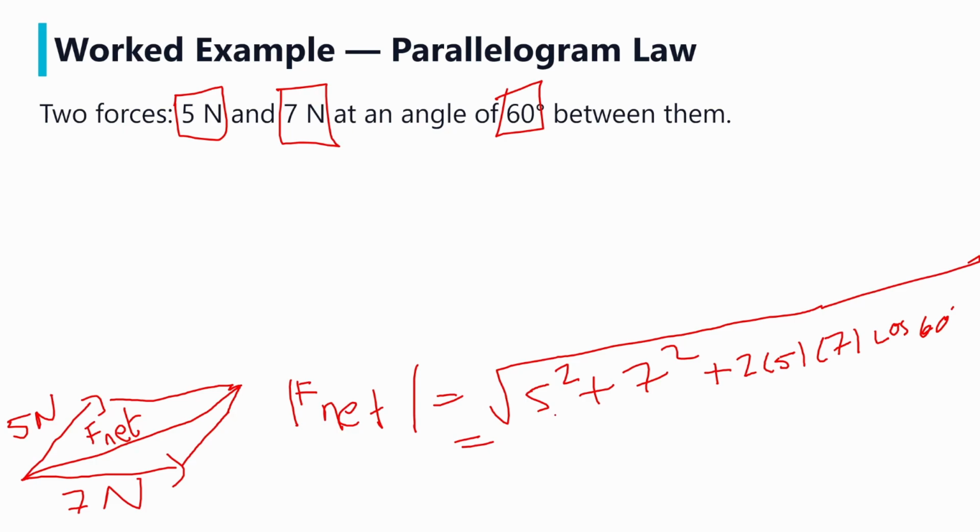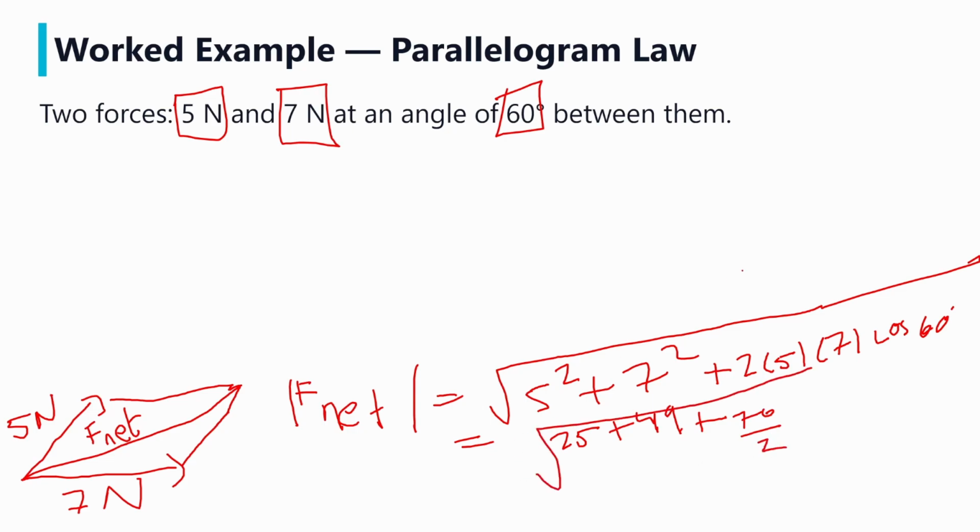So this is just 25 plus 49, and then cosine of 60 is 1 over 2, so you can say that 2 into 5 is what, 10, and 10 into 7 is 70, and 70 over 2.